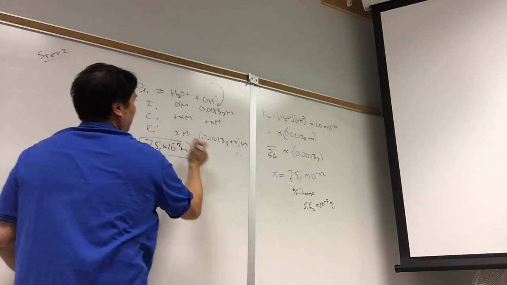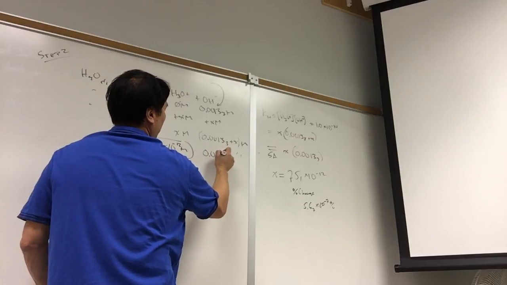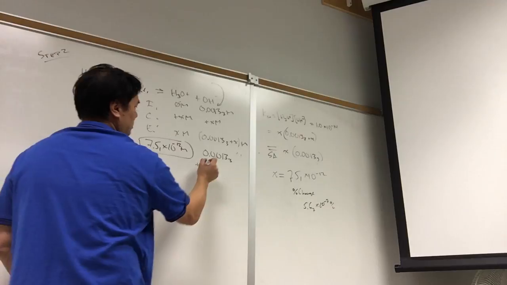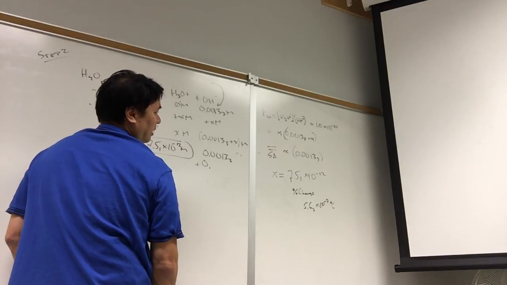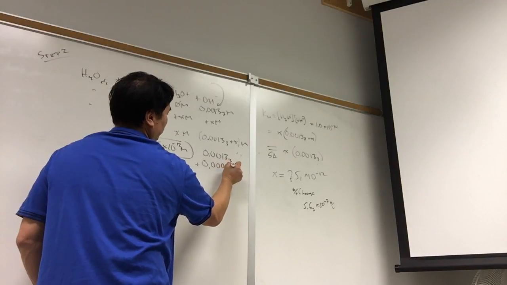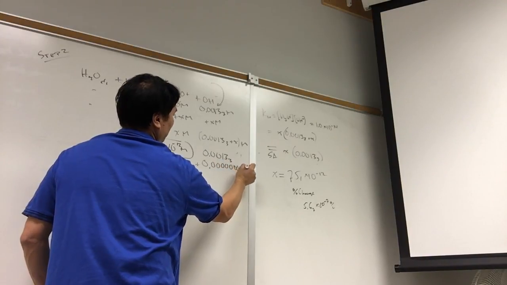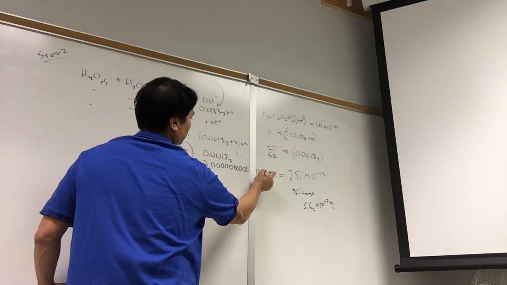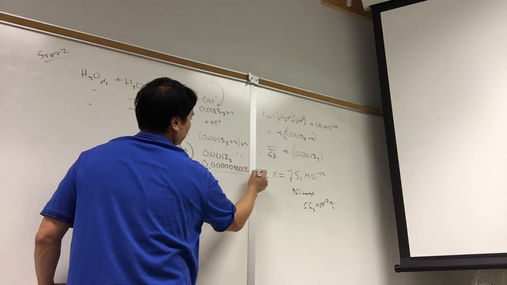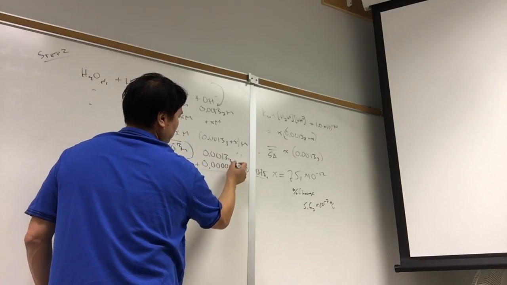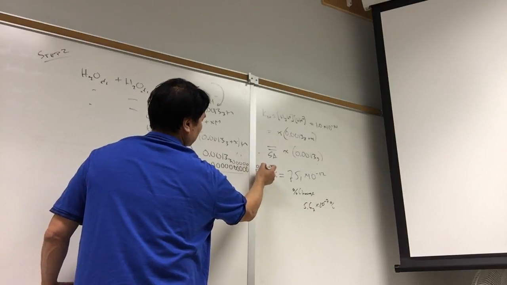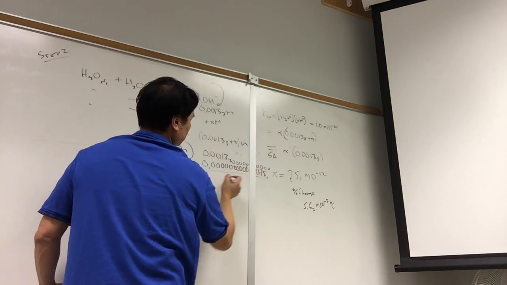And then we started off with 0.00133, and then we got to add some additional hydronium to this. So it's going to be, I need 11 zeros: 1, 2, 3, 4, 5, 6, 7, 8, 9, 10, 11 zeros, and then a 7, 5, 1. And let's see how many extra zeros I need: 1, 2, 3, 4, 5, 6 zeros.